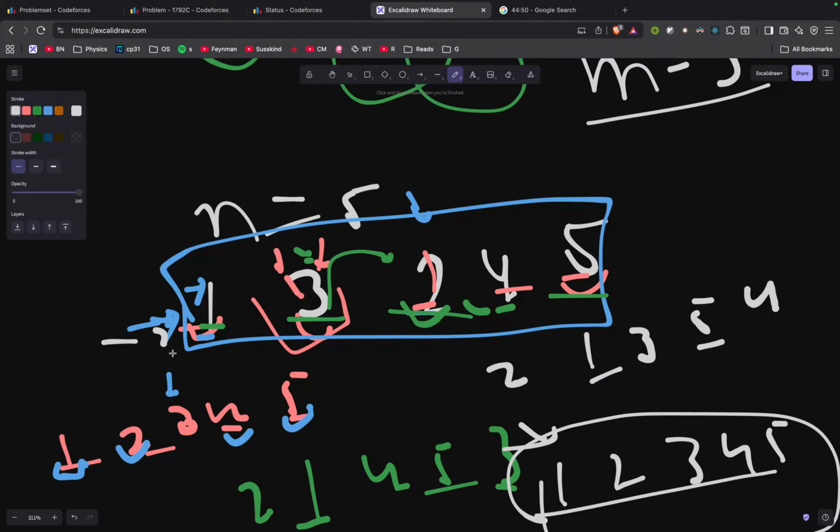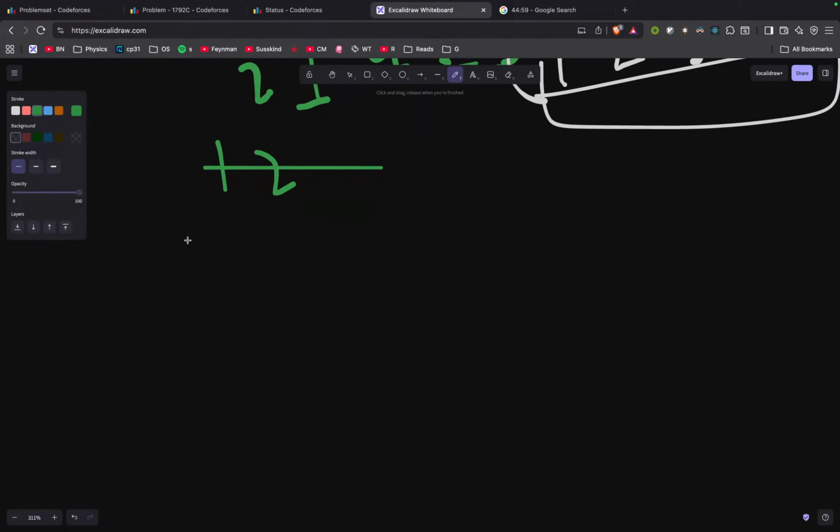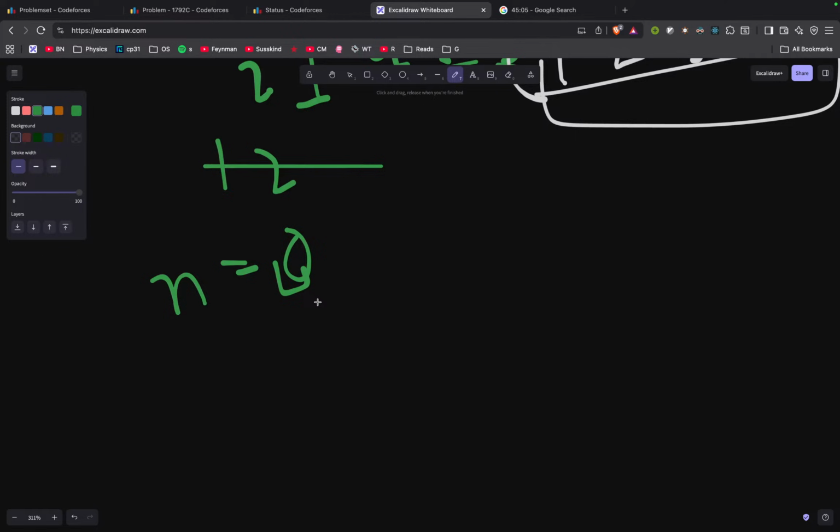That is in the correct order. Okay, if n is odd, that is one case.